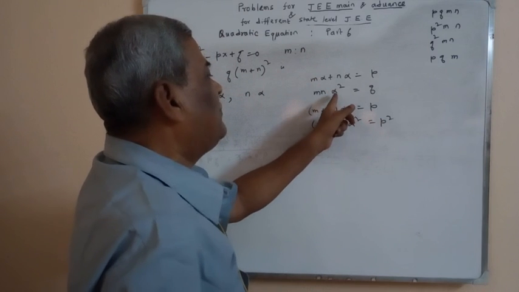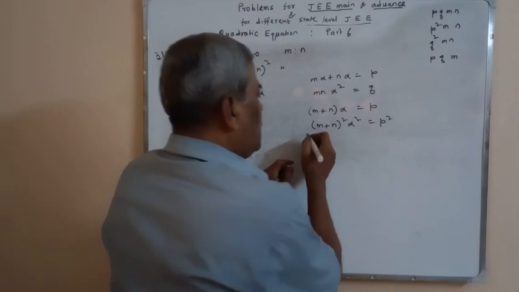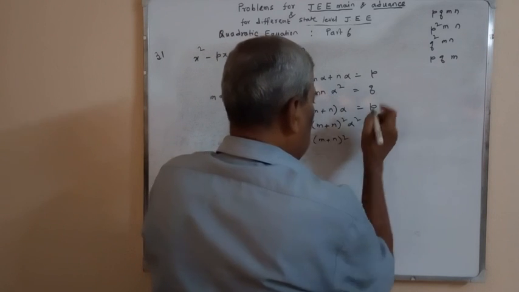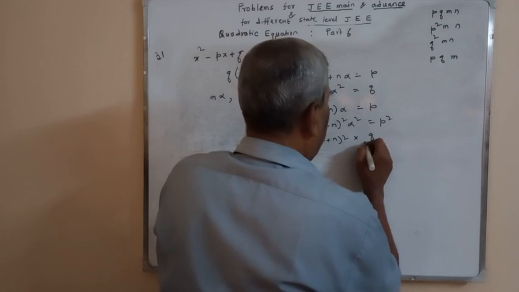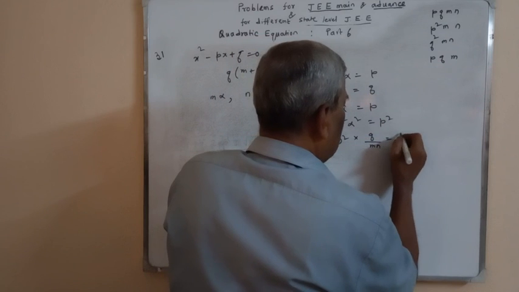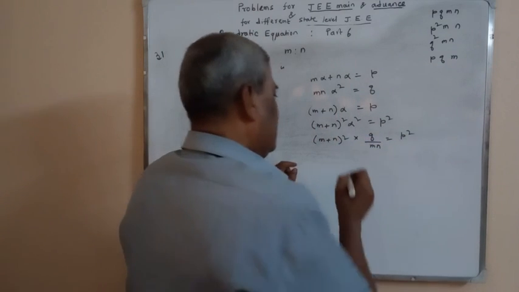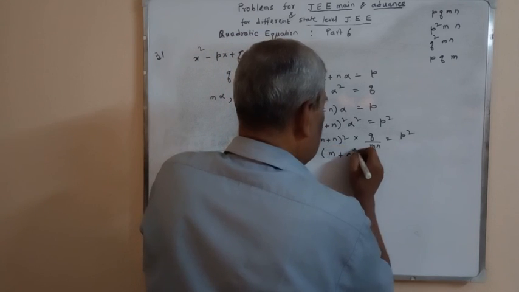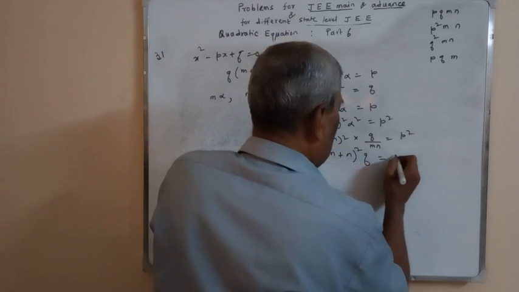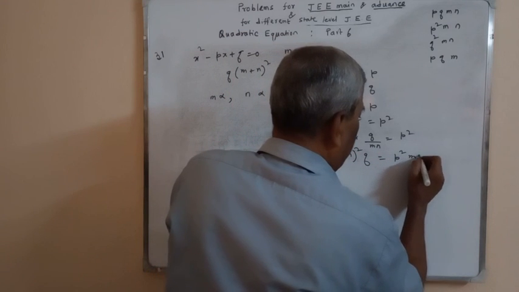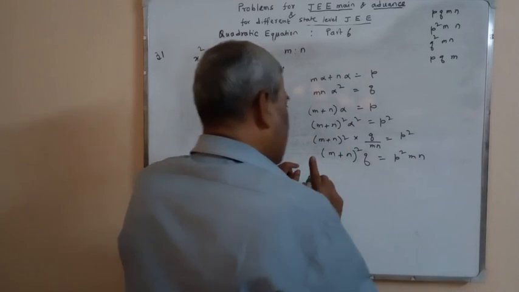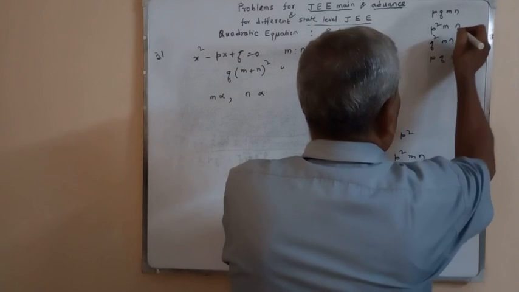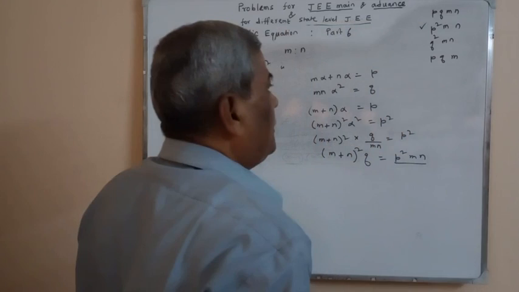Now putting the value of alpha square from here, it is (m plus n) whole square into q by mn is equal to p square. So we get (m plus n) whole square into q is equal to p square mn, and this is our answer. So option B is correct.